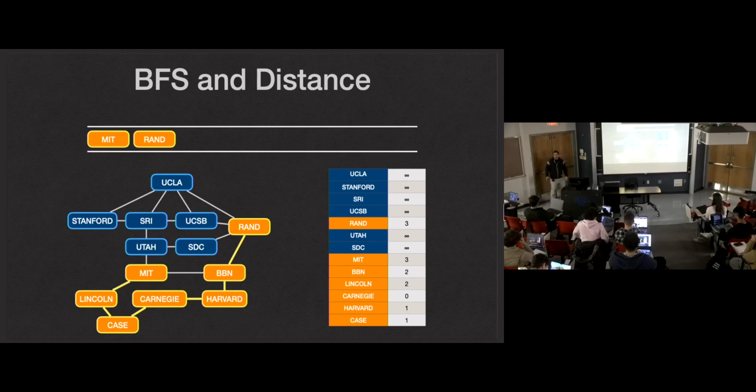And at this point, we can start seeing what the queue is doing for us. What the queue will do is visit the nodes in non-decreasing distance order, which means we just visited Lincoln and BBN. We're going to visit every node of distance 2, then every node of distance 3. We see we have all of our nodes of distance 3 in the queue right now.